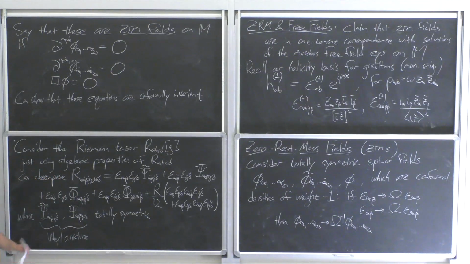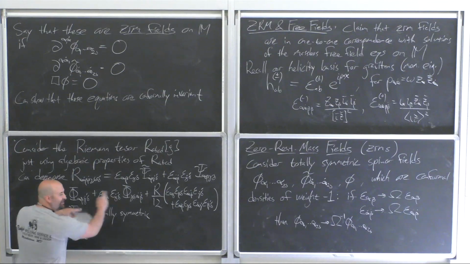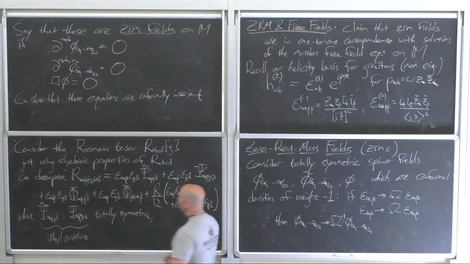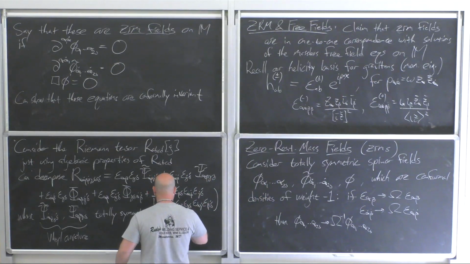Okay. And, fun exercise, count the degrees of freedom in a rank 4 totally symmetric two-component spinor. Count the degrees of freedom in the Weyl tensor. You'll get the same numbers. Good? Absolutely. So these things were the Weyl curvature, phi, alpha, beta, gamma dot, delta dot.